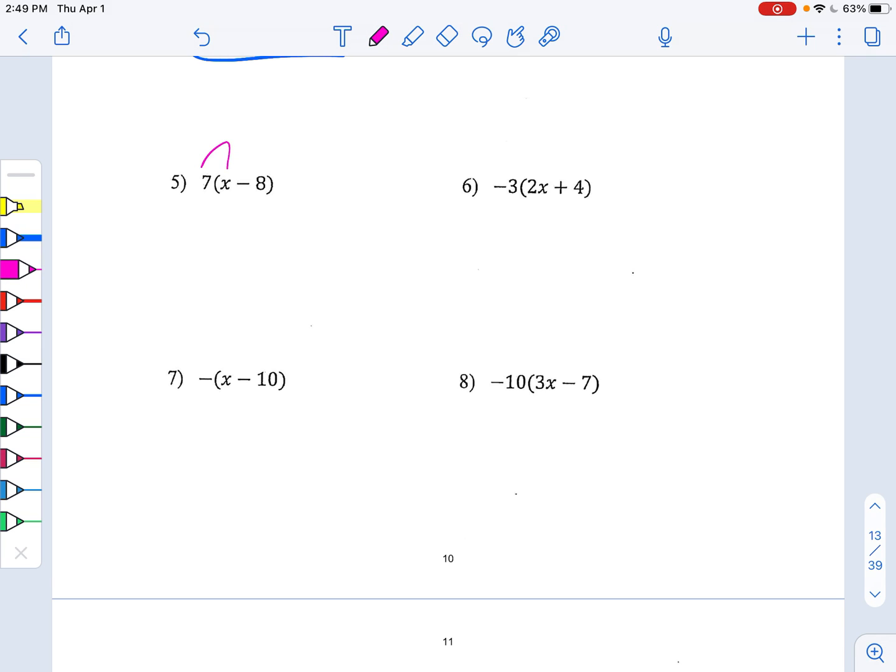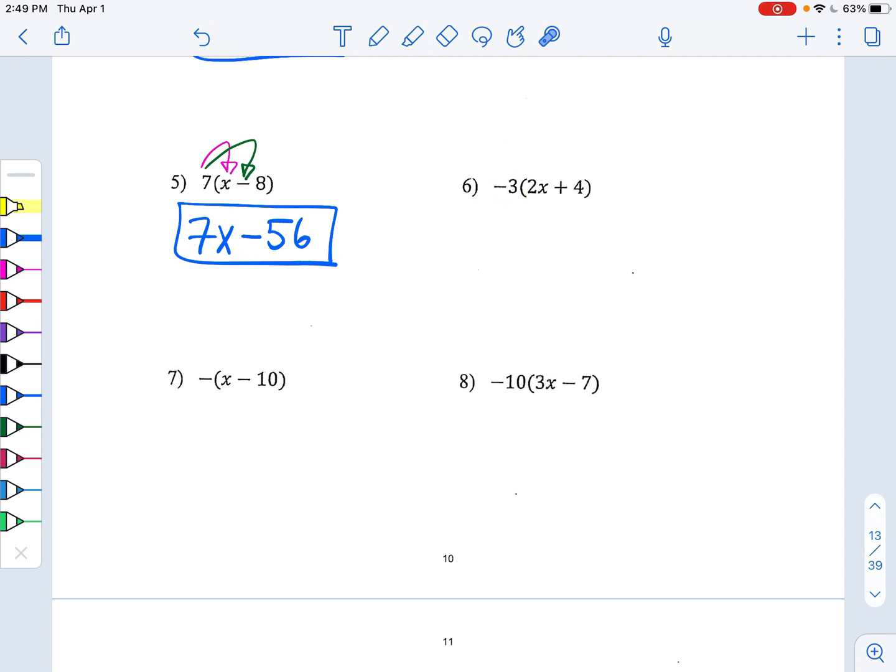Number 5, I have a positive 7 being distributed, and that's a positive 7 times x is 7x. And then I have a positive 7 times a negative 8, and that would be negative 56. So you just write minus 56, and that's it.